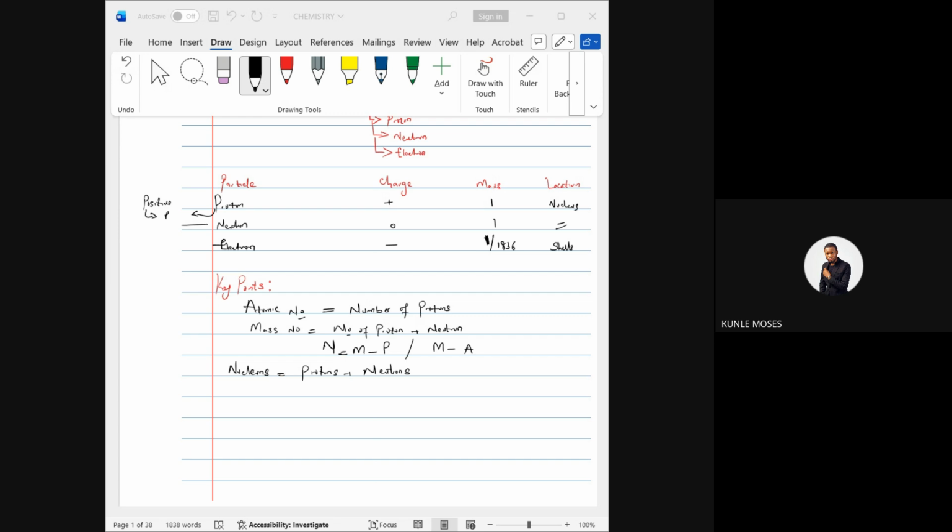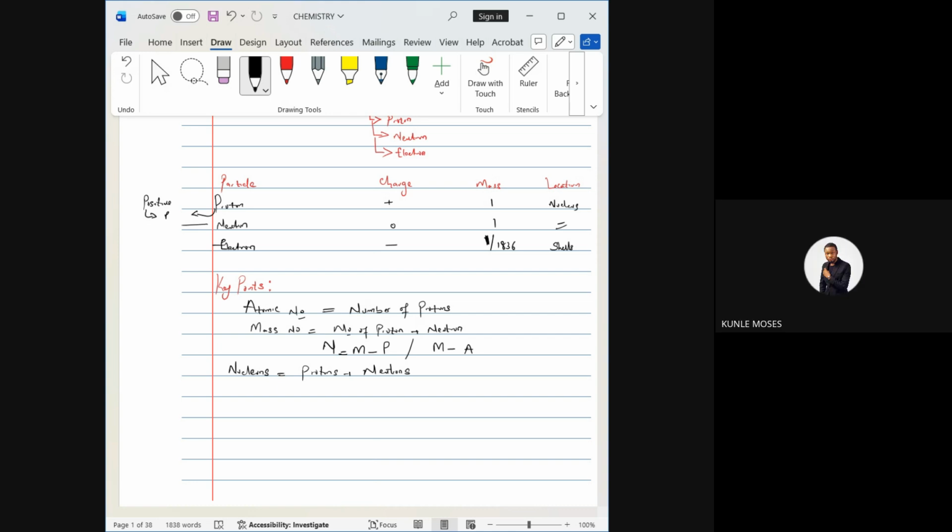Sodium is number what in the periodic table? 11. Okay, so then the number of protons will be 11.